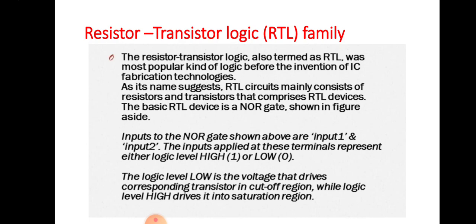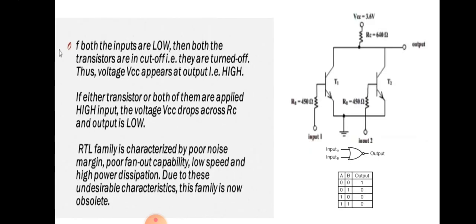So these two points are very important. Now see in this circuit diagram, here you can see the two inputs at the lower side, input 1 and input 2. There are two transistors, T1 and T2.